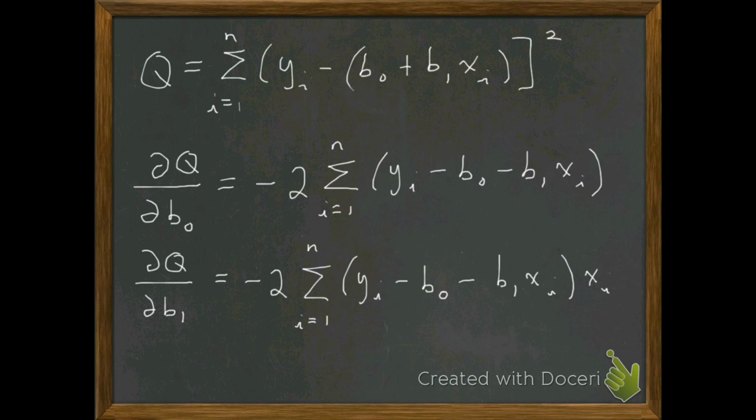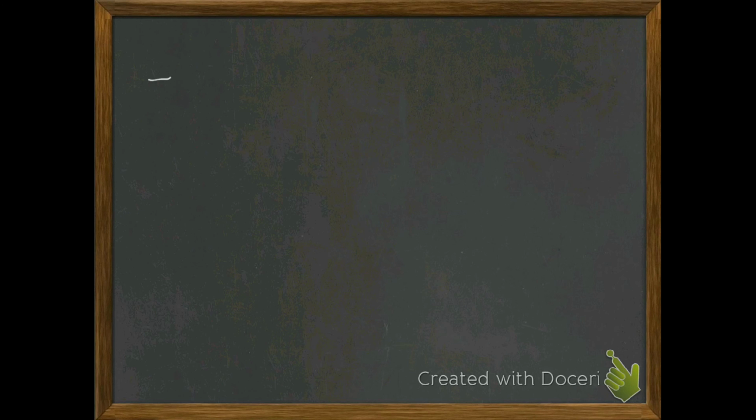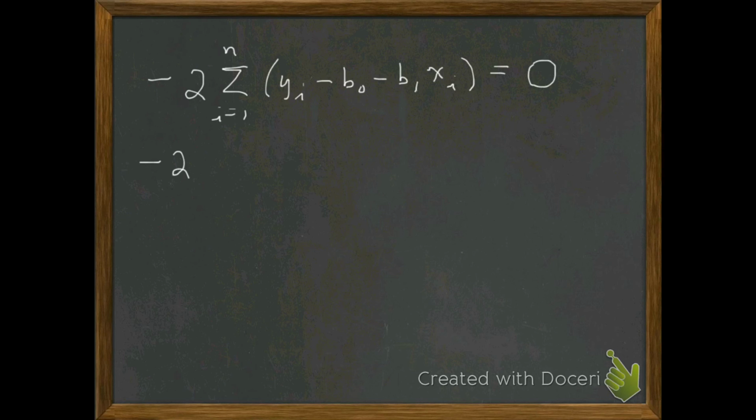Okay, now if we set each one of those equal to 0, set the other one equal to 0. And tell you what, I'm going to move the x sub i in here.